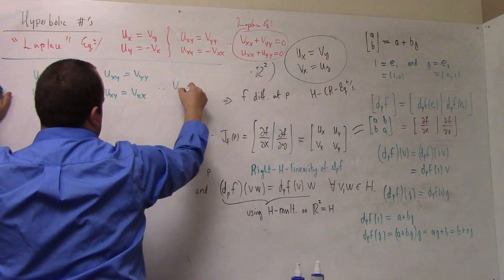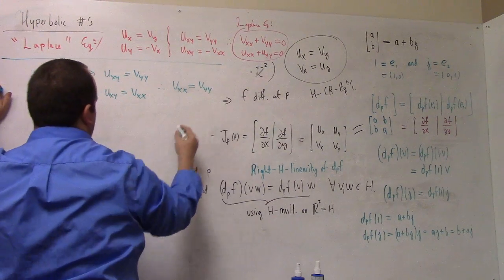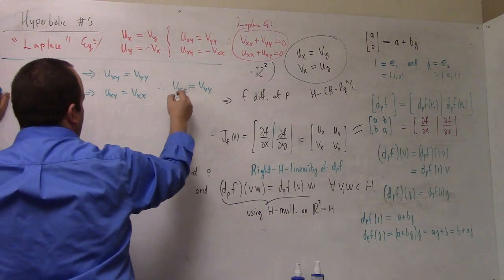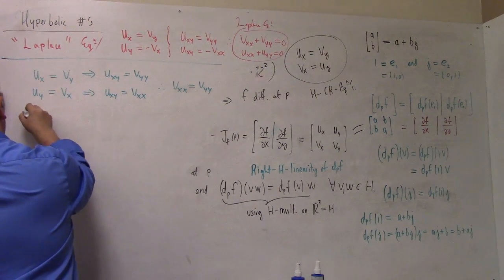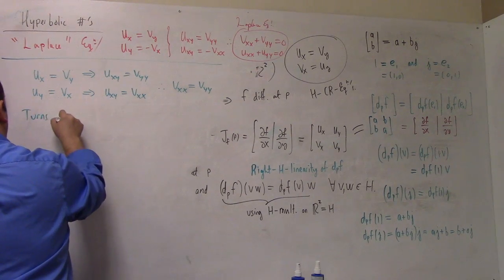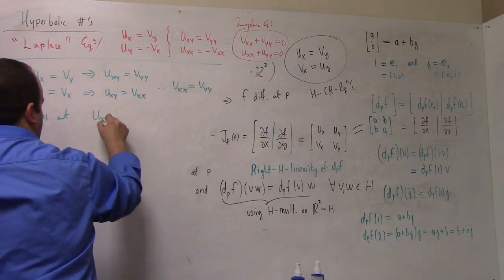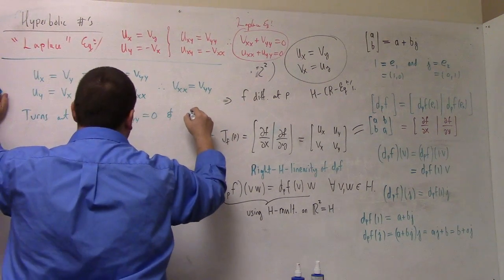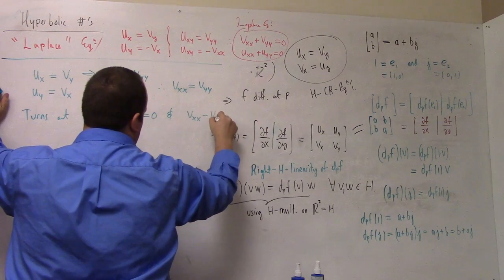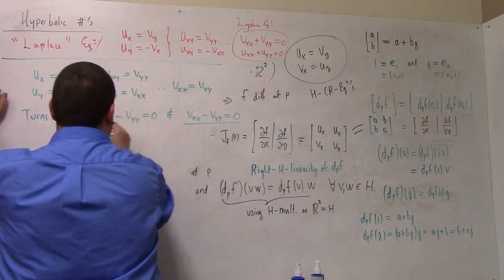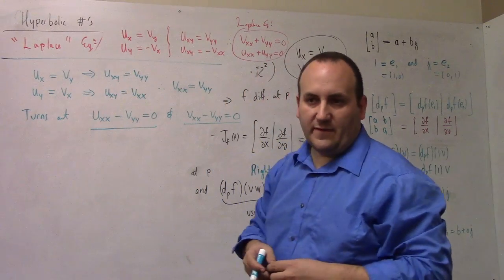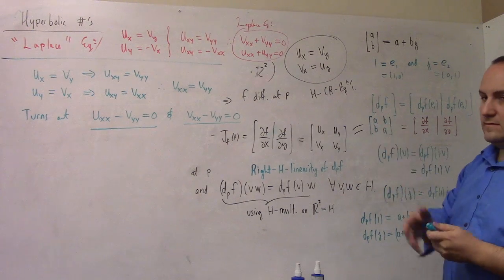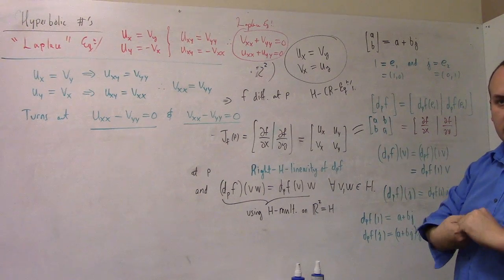So therefore vxx equals vyy. And likewise you get the same thing for u. So it turns out we have uxx minus uyy equals 0, and vxx minus vyy equals 0. So any hyperbolic differentiable function automatically has solutions of these equations.